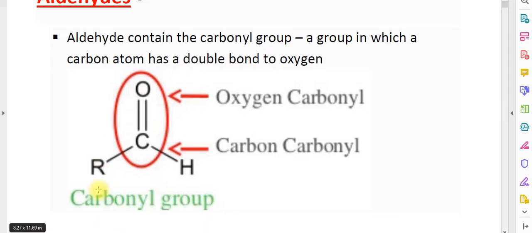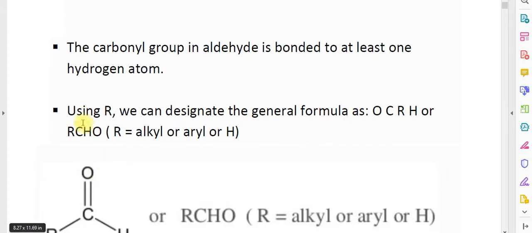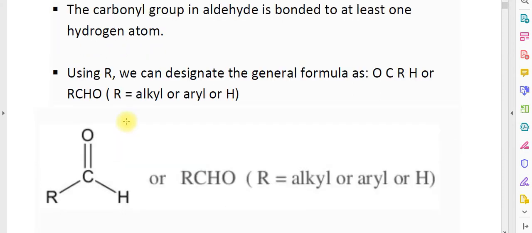This carbonyl group in an aldehyde is bonded to at least one hydrogen, as we already discussed earlier. Using R, we can designate the general formula as RCHO. This is the general formula for an aldehyde, where R is an alkyl or an aryl group or hydrogen.